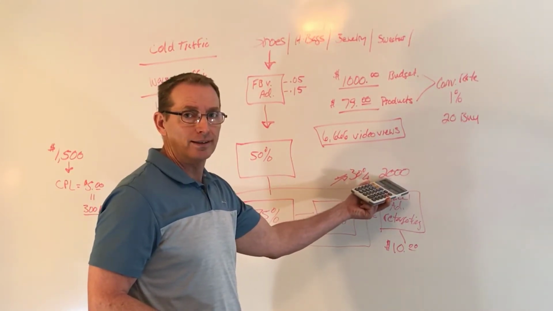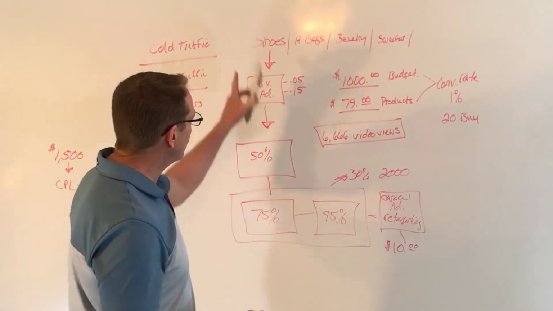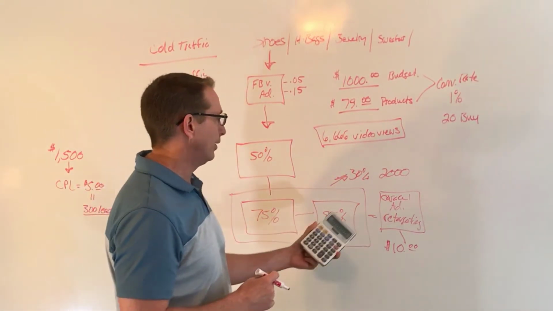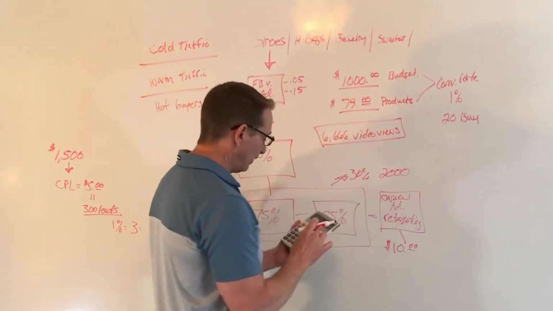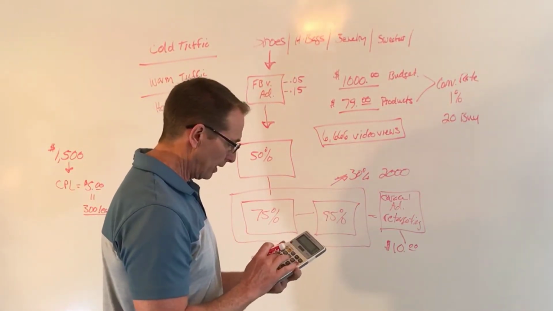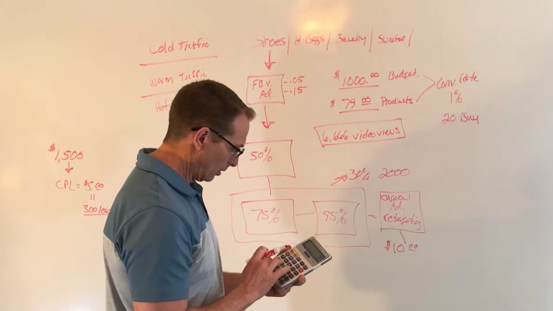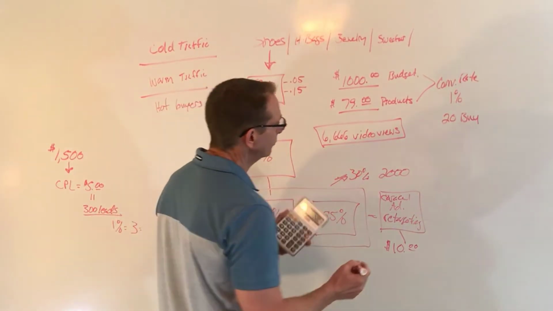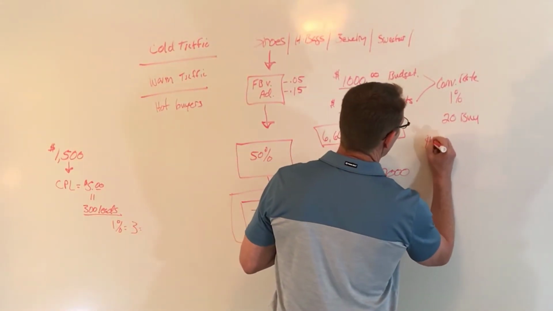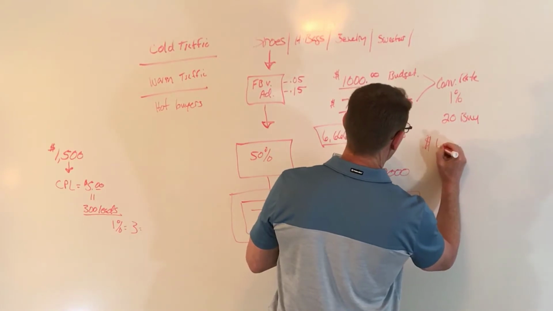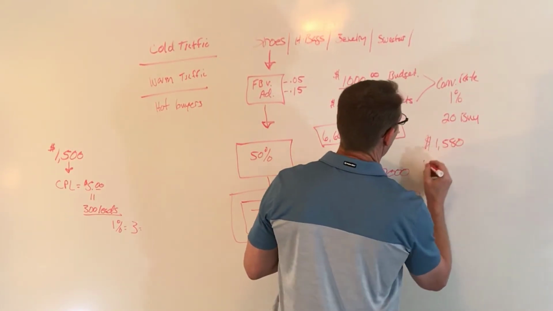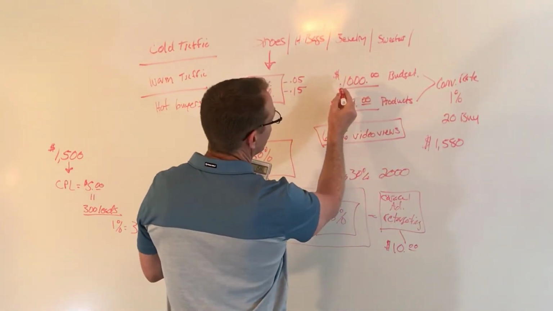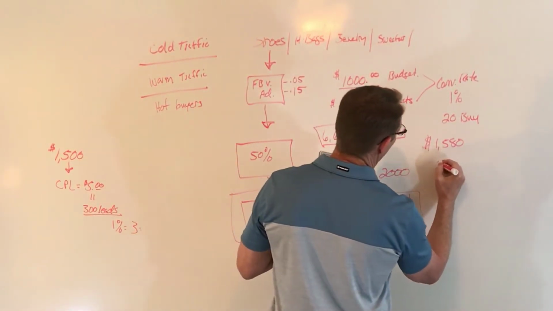Okay, you with me? I know this can be a little confusing, and you've got a lot of things going on here. So what is that? If so many people buy at $79, 79 times 20, that gets you a sale. Your gross is $1,580. Okay? So you have a net profit of $580.